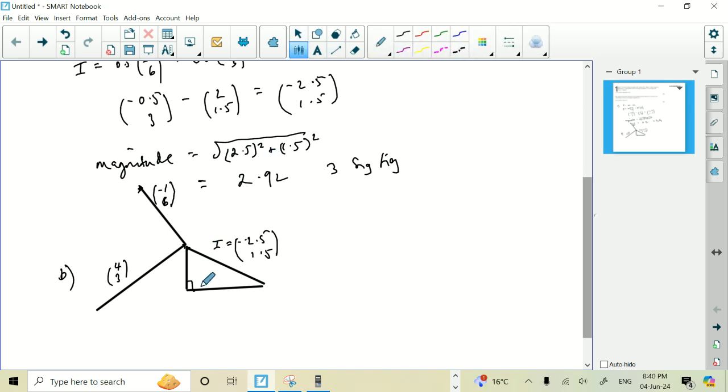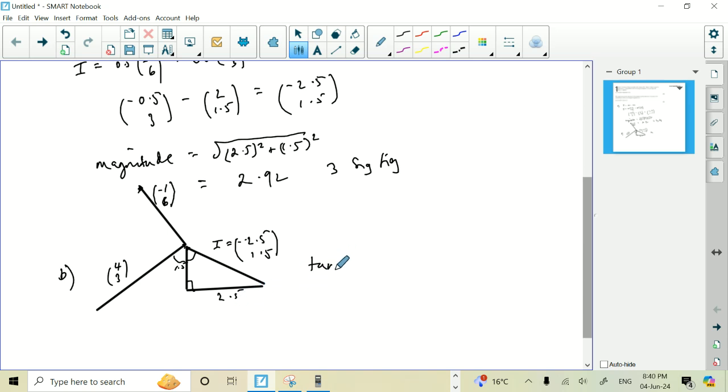And of course, this will be 1.5, and this will be 2.5. Therefore, if I do a tangent, because we need to find the angle between the impulses, which will be good to go.